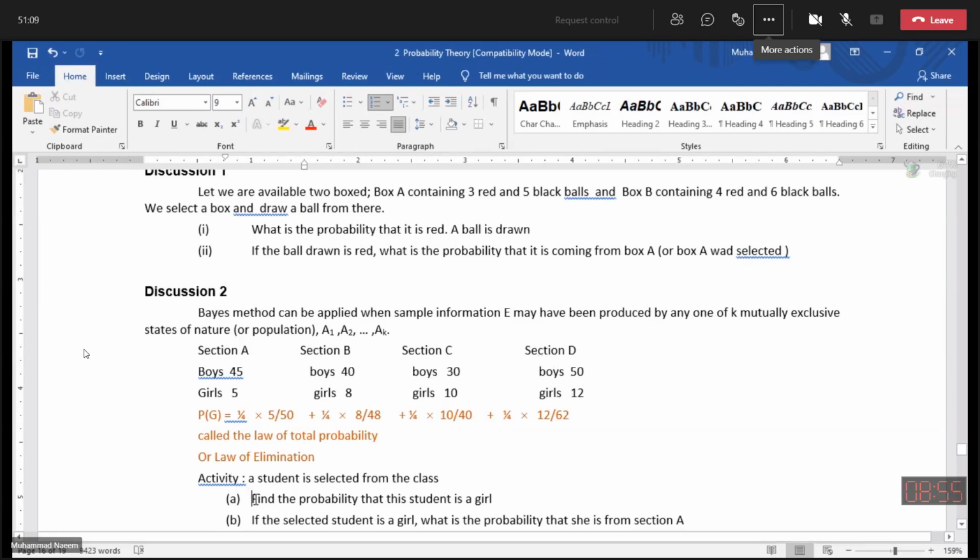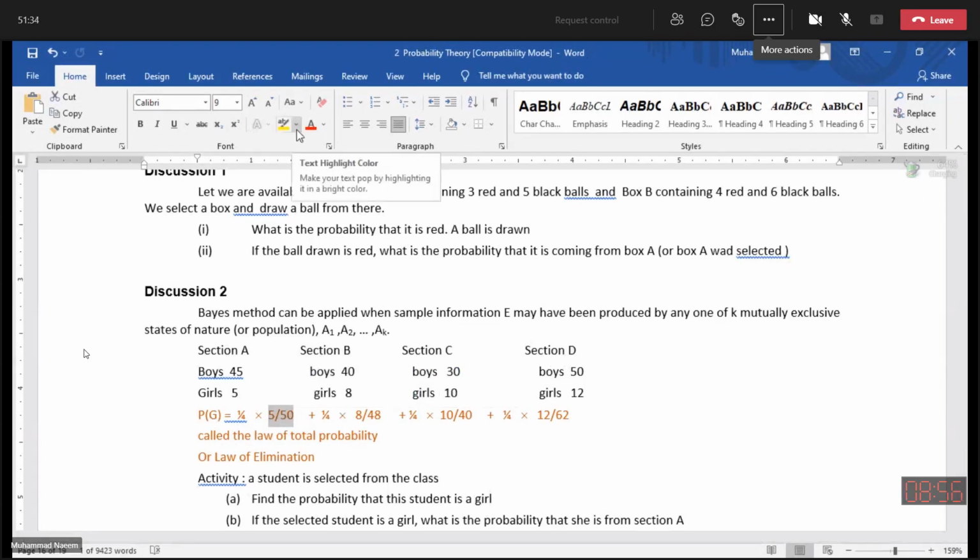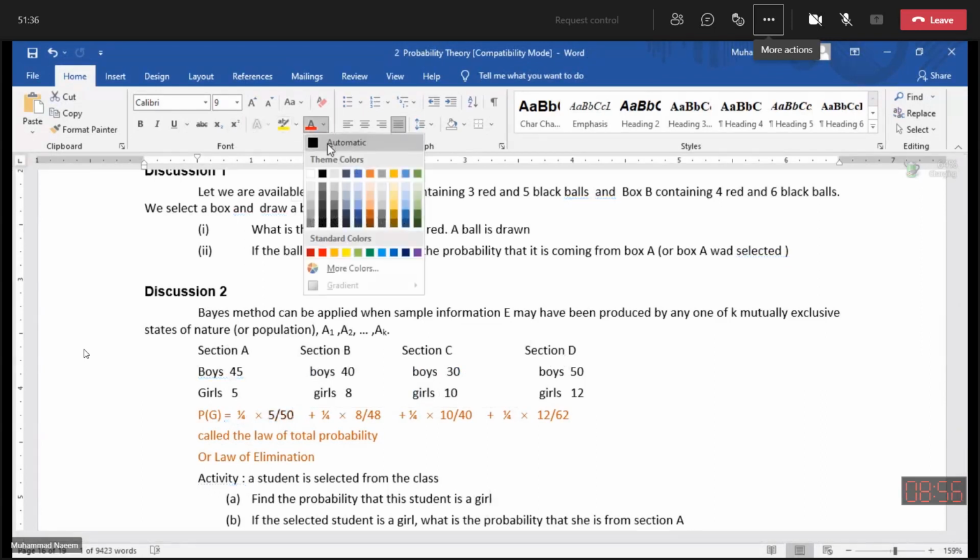So if we find the probability of a girl, she may be from section A or from section B or from section C or from section D. If she is from section A, the probability is 5 by 50.